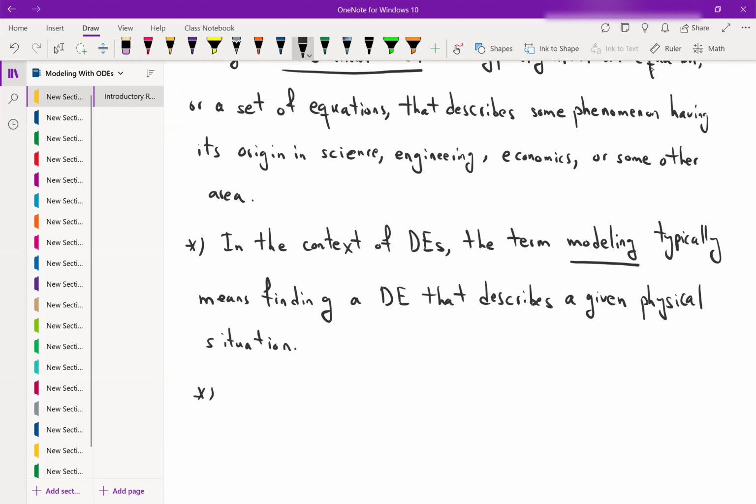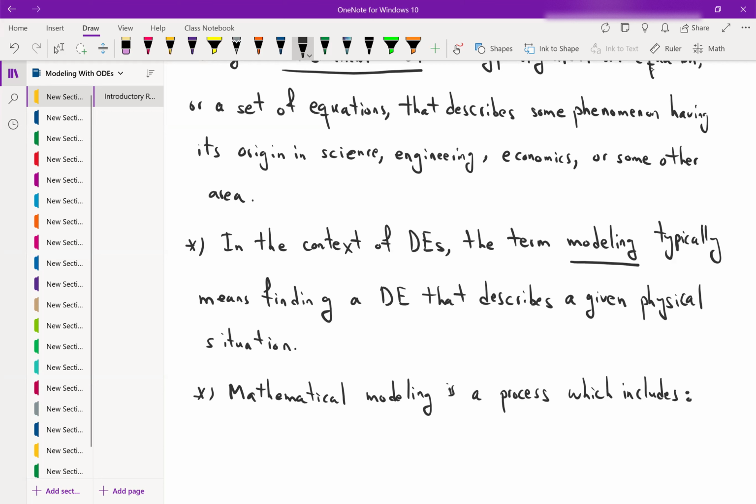Mathematical modeling is a process which includes several stages. So one stage, maybe the first stage, is to identify the problem that you want to study.